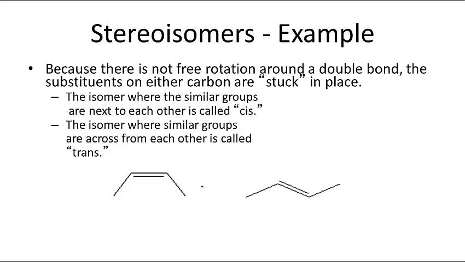Okay, when you make a double bond between 2 atoms, the other atoms bonded to those carbons, so here if I were to draw this out, this one would have a hydrogen here, a CH3 here, hydrogen there, CH3 there.